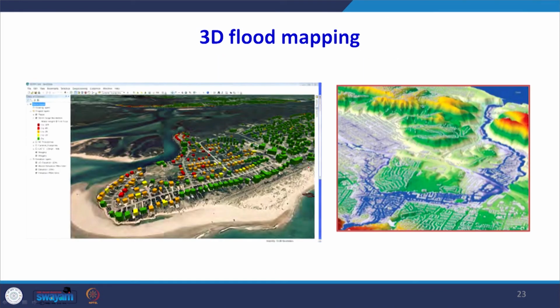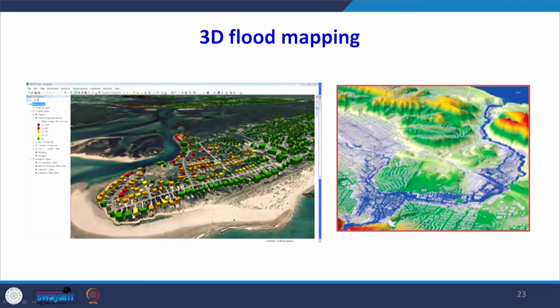Now flood mapping. Protection measures are very important when a flood is taking place in the area, and we know that water will always find the route where the slope is less, so it will immediately go to the low lying areas.